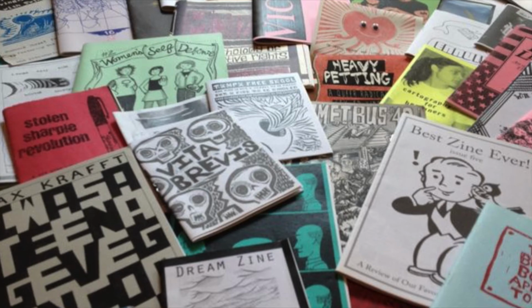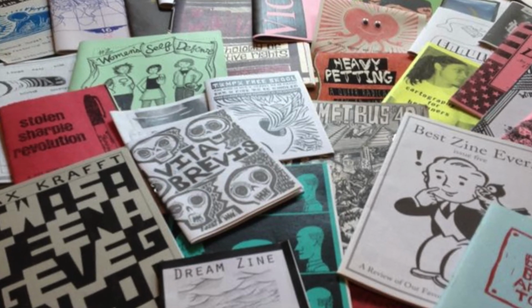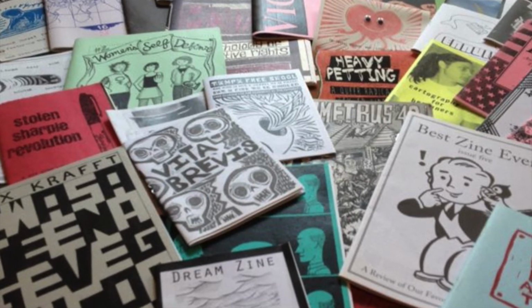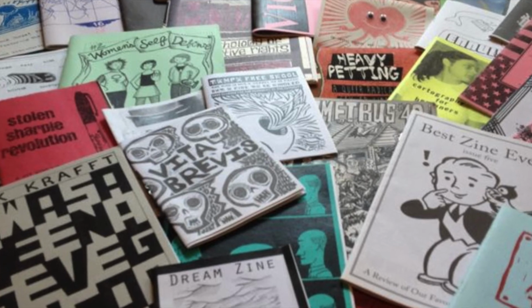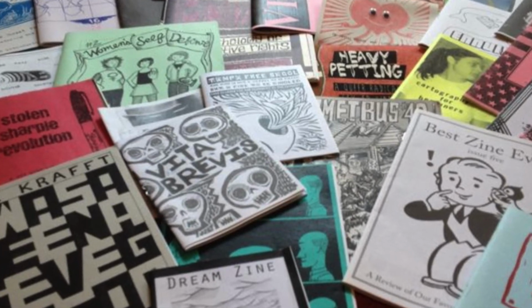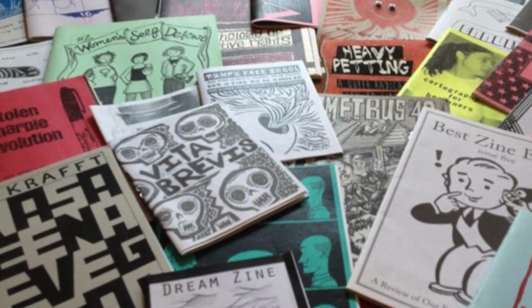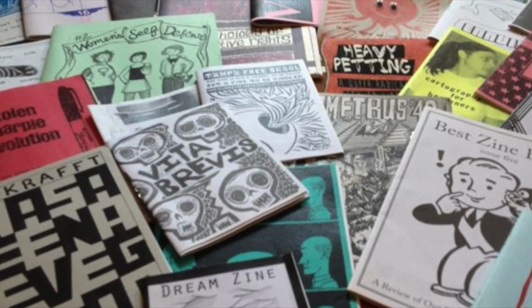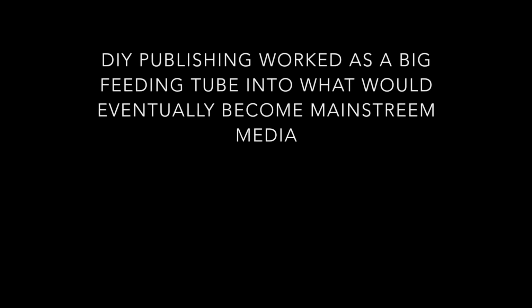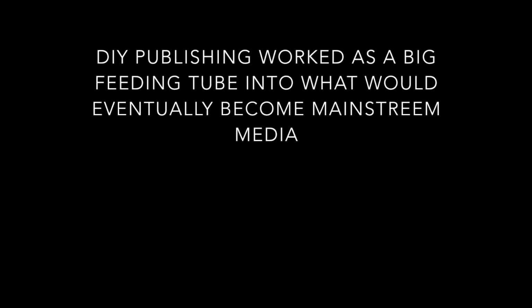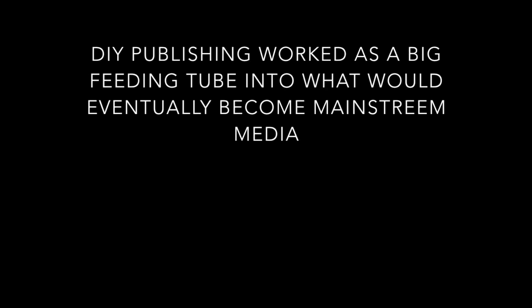Publishers who had originally been ignoring these experimental poets started to take notice as Mimeo books spread. Kyle Schlesinger is a typography professor at the University of Houston, Victoria, an expert on this Mimeo movement. He says that DIY publishing worked as a big feeding tube into what would eventually become mainstream writing.